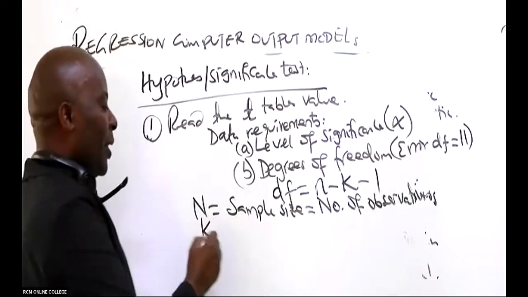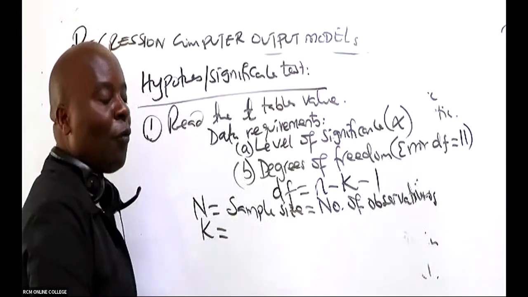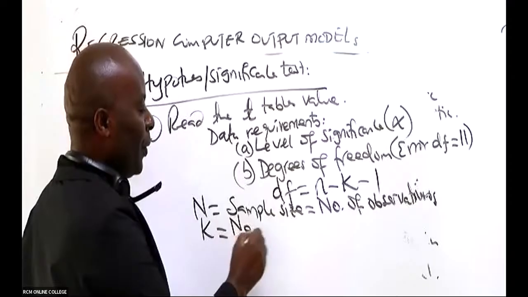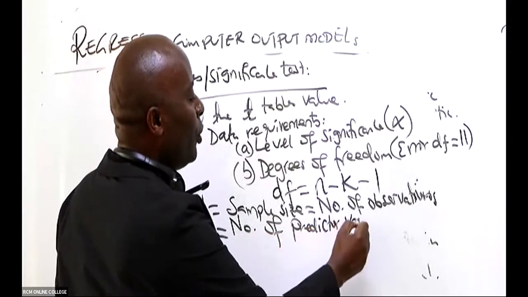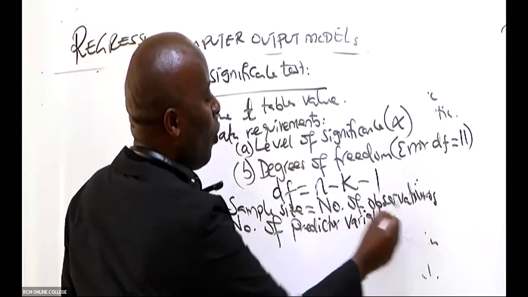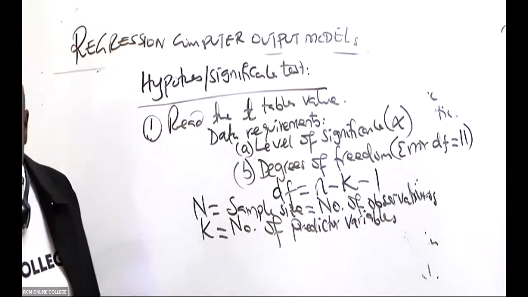K, ladies and gentlemen, stands for number of predictor variables.